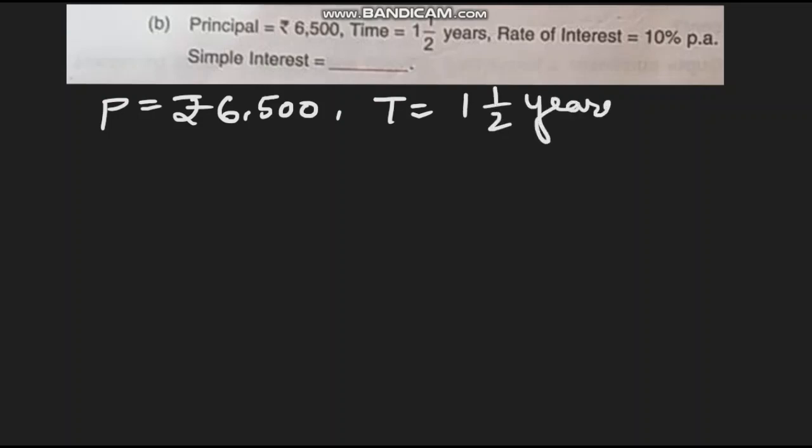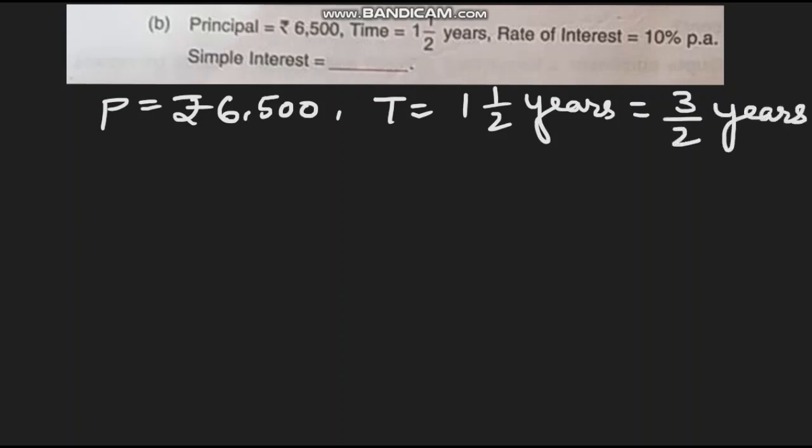Now let us see what is given in B. Here the principal amount P is equal to rupees 6,500. Time is equal to 1.5 year. 1.5 year means if you change it into an improper fraction, you will get 3 by 2 years.